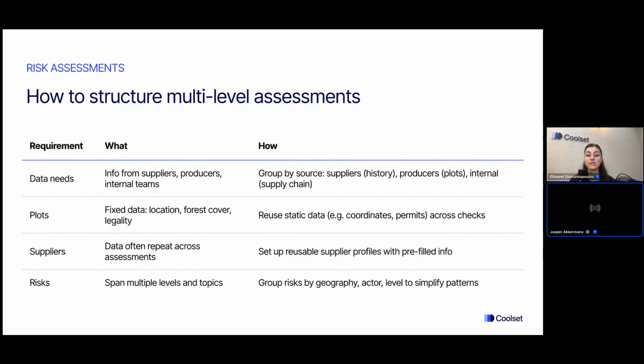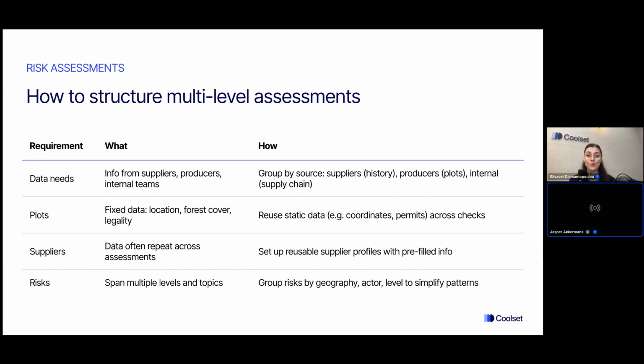And lastly, risks, of course, can be checked one by one, but for contextual purposes, so for you to understand how to better mitigate, it's nice if you can group them by geography, for example country, or by actor, so knowing that this has to do with my direct supplier, this has to do with the farmer, etc., and then you can simplify the patterns around risk mitigation.